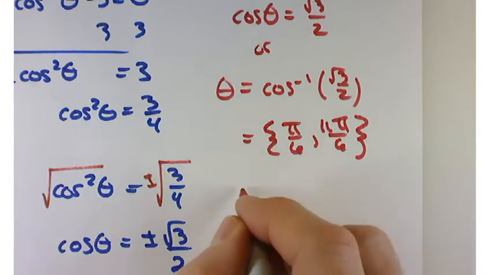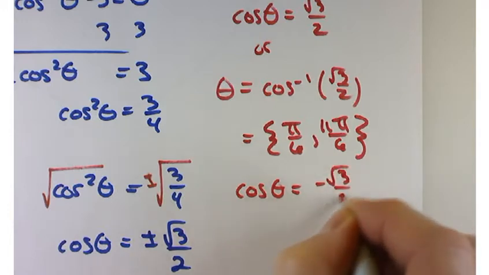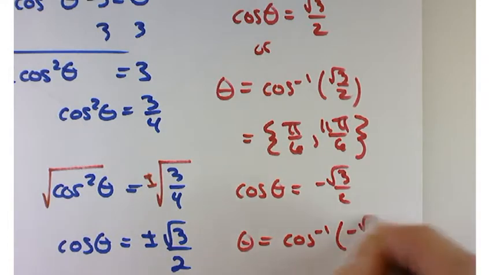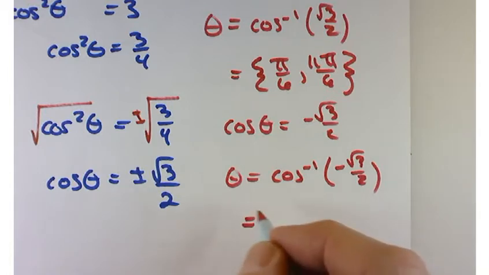So cosine of theta could equal negative square root of 3/2. Flipping that around, cosine inverse of negative root 3/2 is theta. And now I've got a couple more solutions that I could use. What are my choices for theta?